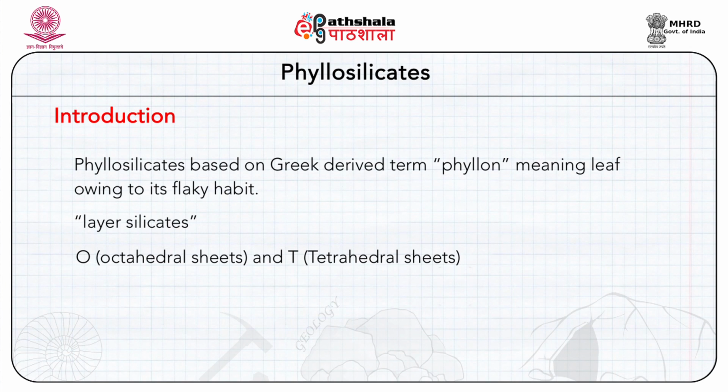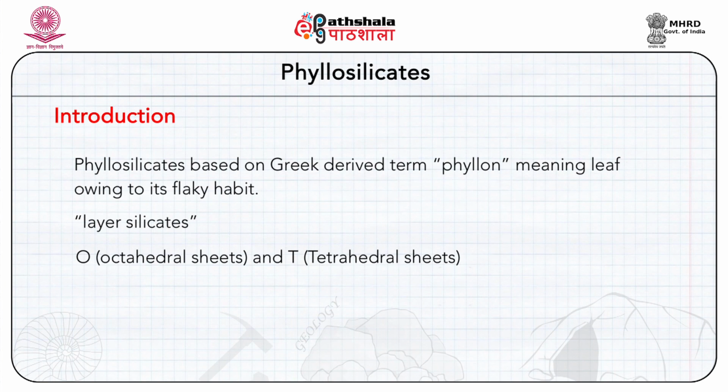The octahedral sheets typically consist of two planes of OH anionic groups. Divalent cations such as Fe2+ and Mg2+ or trivalent cations such as aluminum 3+ and iron 3+ occupy the octahedral sites formed between the OH anionic groups. Based on this, if the cations are divalent, 3 out of 3 octahedral sites get filled, forming trioctahedral sheets.